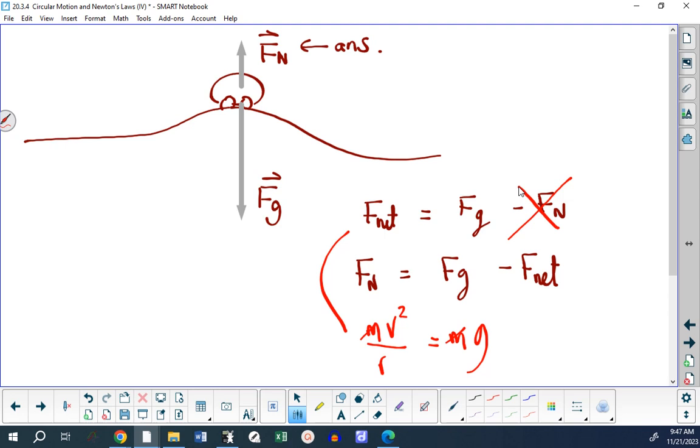So r times g, take the square root, and you get what? 18.5. Okay, so it's pretty close. Like 12 meters per second to 18 meters per second isn't that much faster. So at about 18 meters per second, you would start to leave the seat as the car went over the hill. Anyway, does that help?